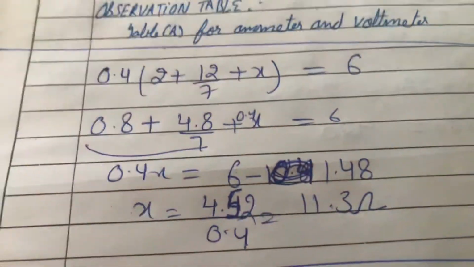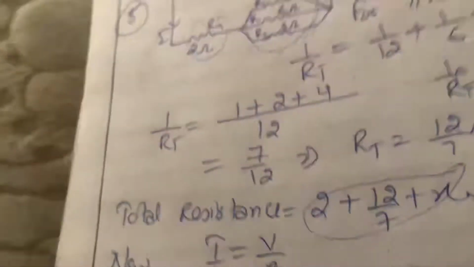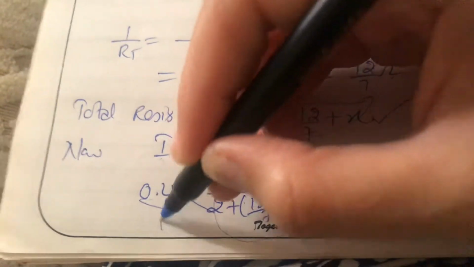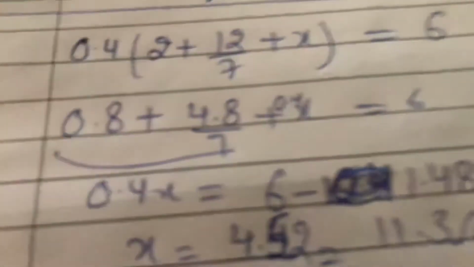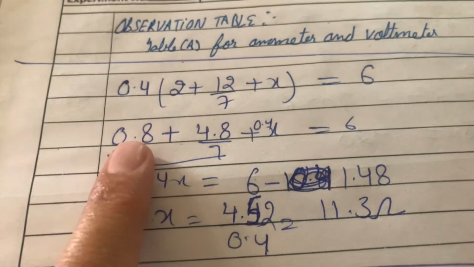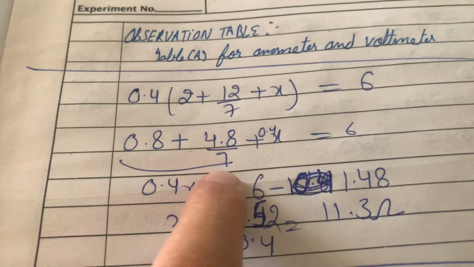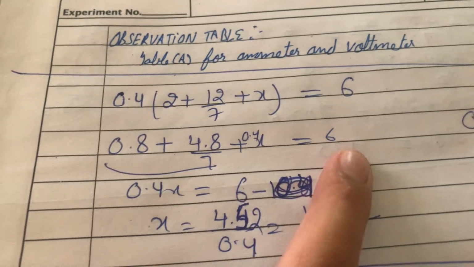See here, we have cross multiplied it. After cross multiplication, 0.4 into 2, okay, and then by opening the bracket, 0.8 plus 4.8 upon 7 plus 0.4 x is equal to 6.